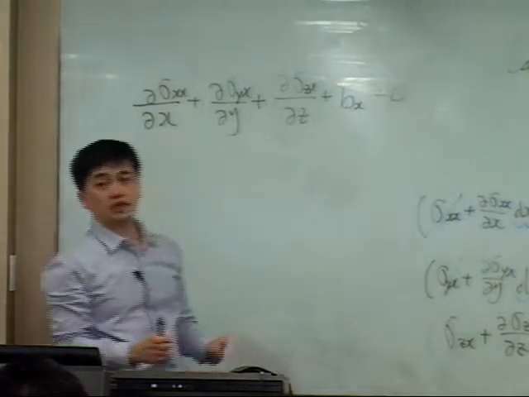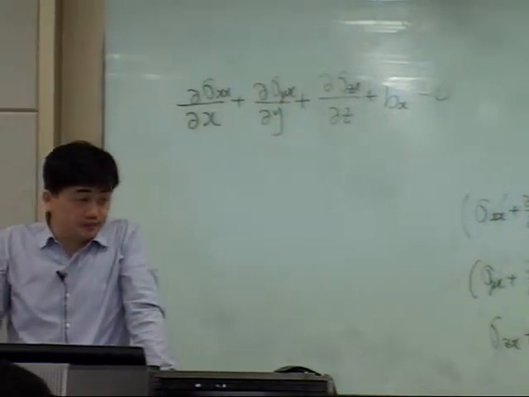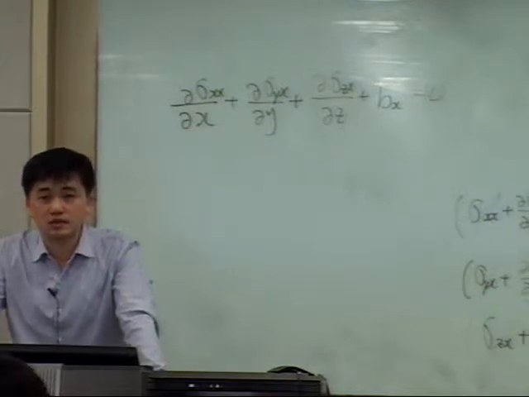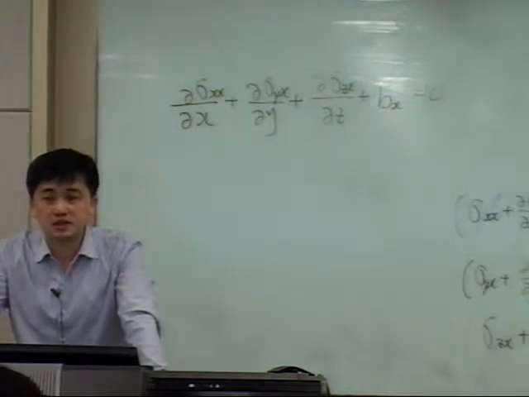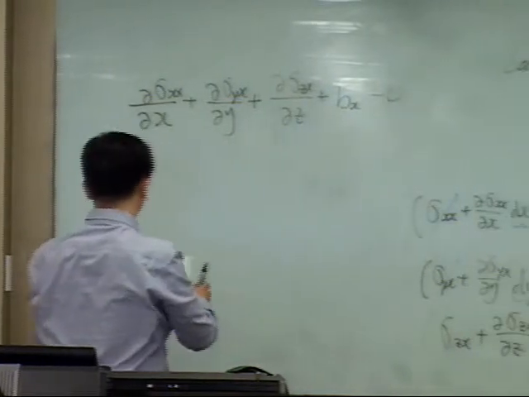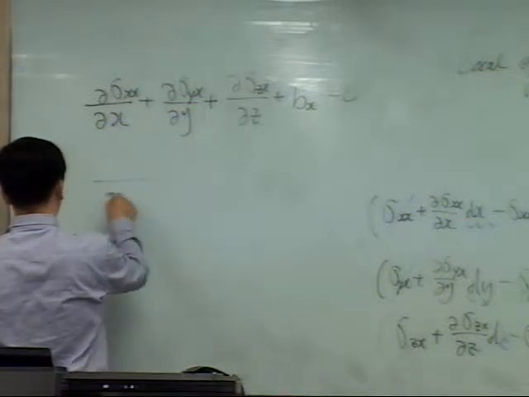This is the local equilibrium equation in x direction. Similarly, we can derive the local equilibrium equation in y direction and z direction. How to derive is exactly the same.